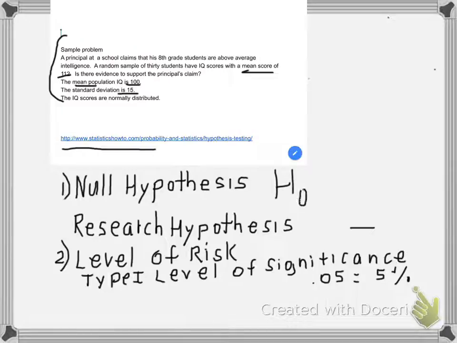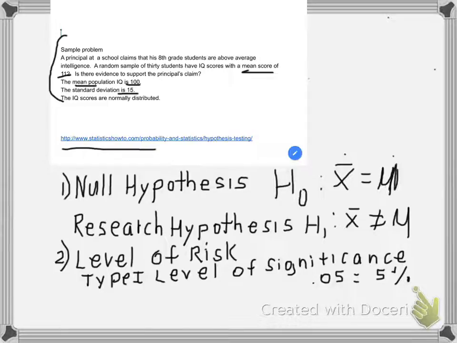We're going to identify it by H null, and that only states that our population mean will be equal to our sample mean, or that our research hypothesis, which we will identify as H1, states that our sample mean does not equal our population mean.